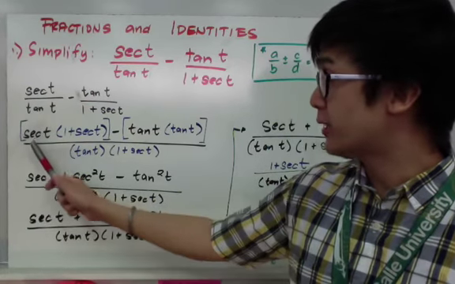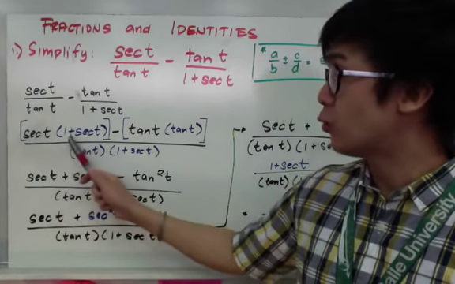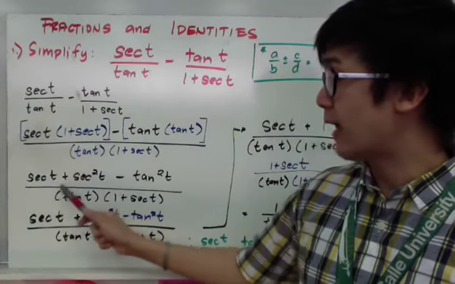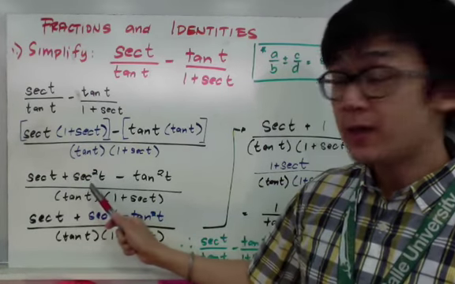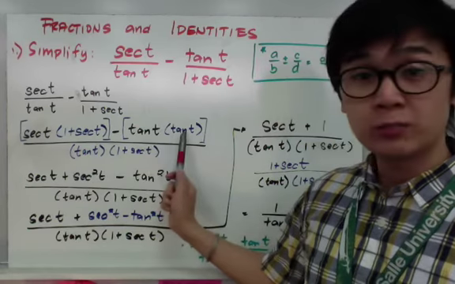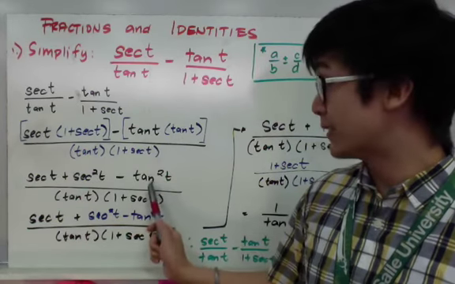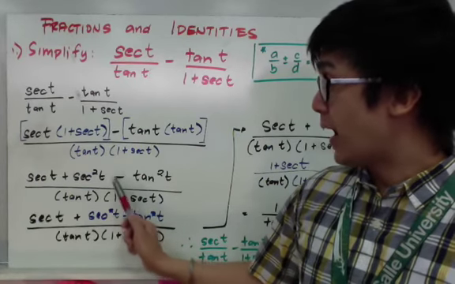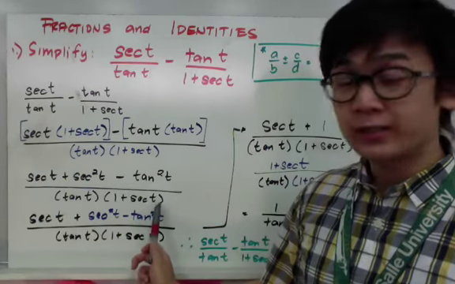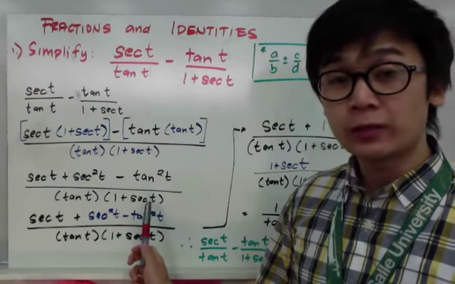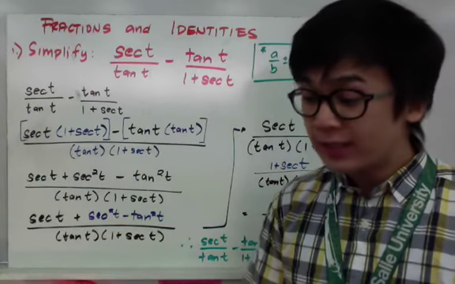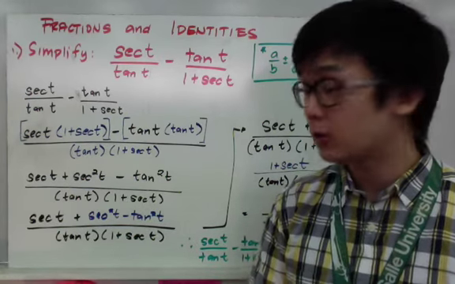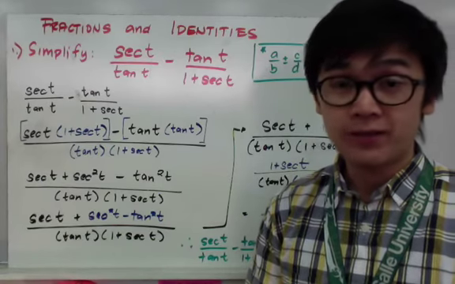Because in this process, by distributing secant t to 1 and to secant t, I'll have secant t plus secant squared t. And by multiplying the other two terms together, I'll have tangent squared t, separated by subtraction. And I left my denominator as it is because I know that I'm going to cancel it later on. So it is an important tip that you don't get crazy on simplifying a fraction.